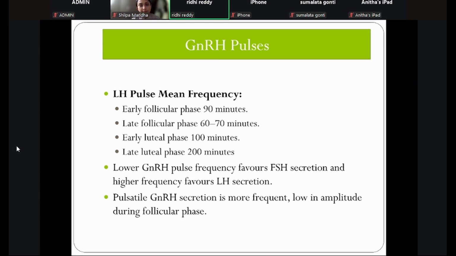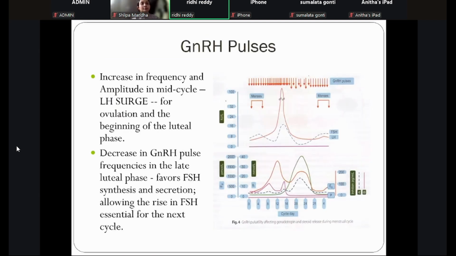Pulsatile GnRH secretion is more frequent and low in amplitude during the follicular phase. I'll be showing the diagram.